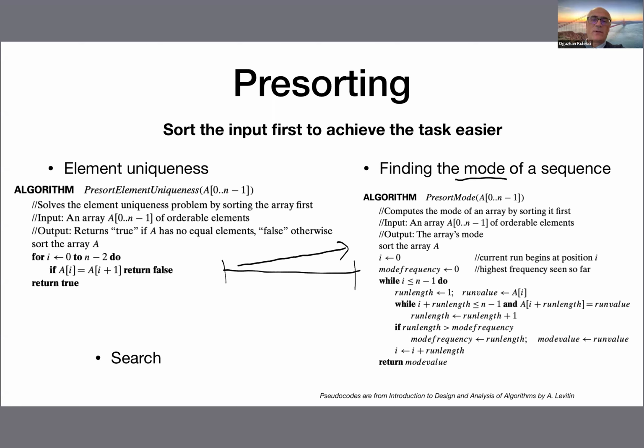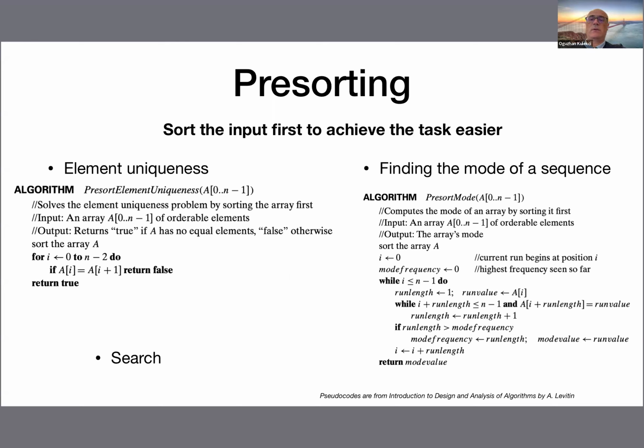If an element repeats a couple of times, they will be neighboring, consecutive. So I will start from the beginning, and I will just measure the lengths of the runs. Whenever I see a run longer than the previous ones, I will make it the answer. So here is the pseudocode for this.